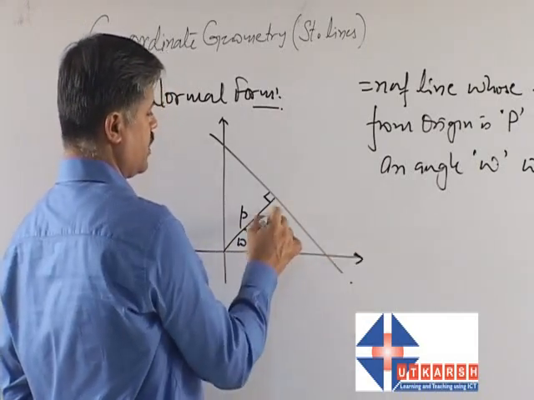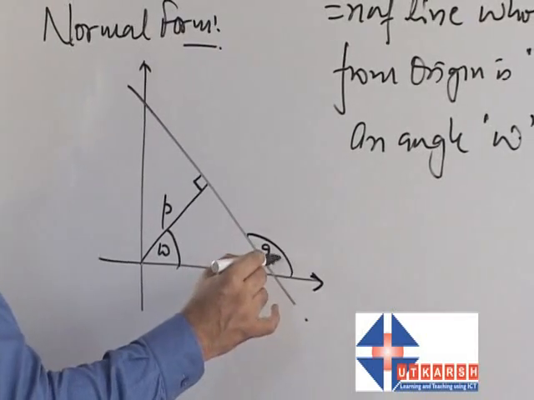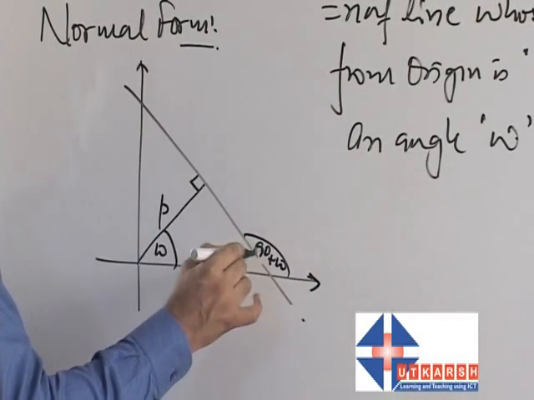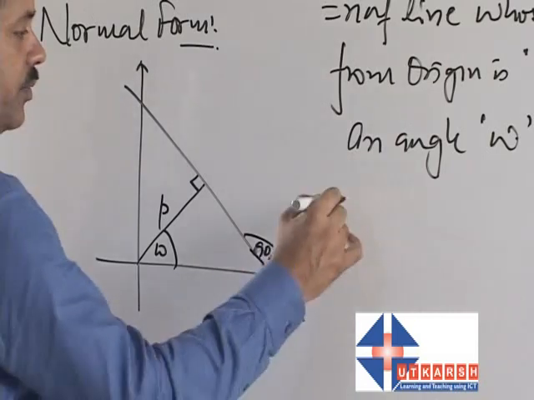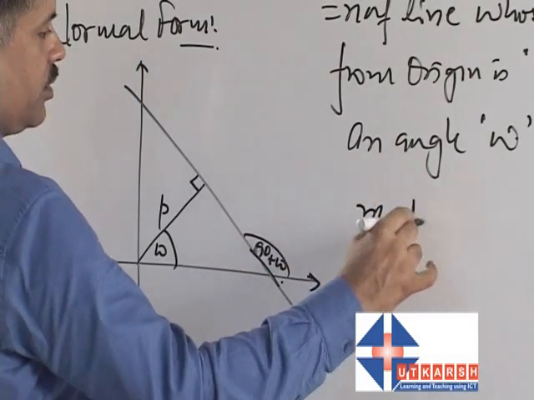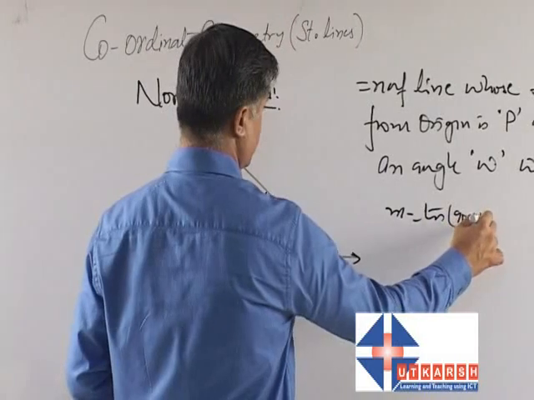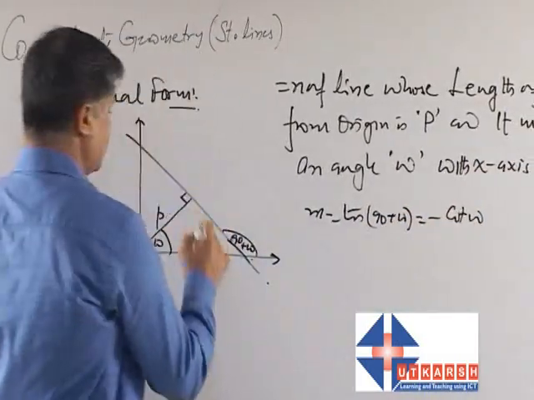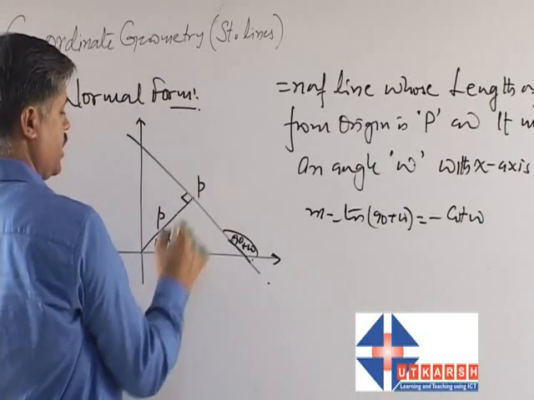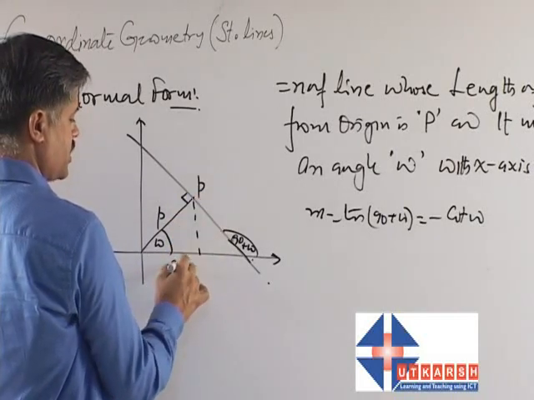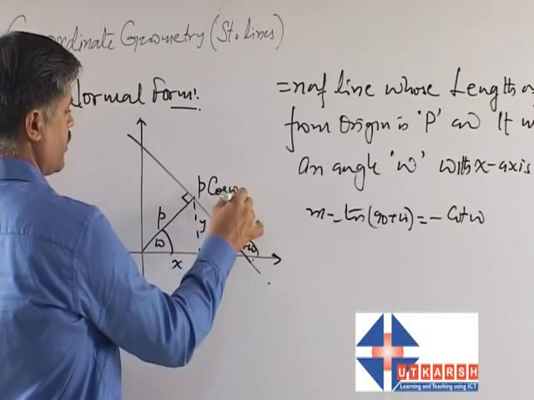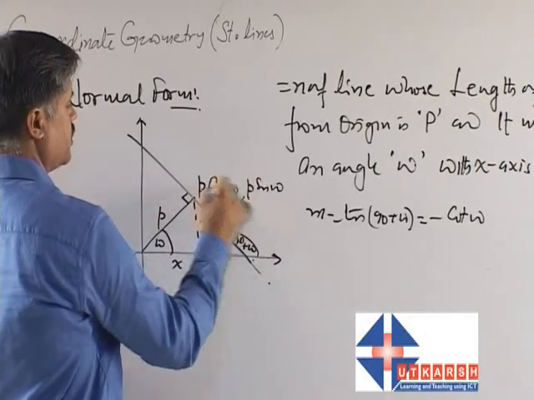This angle is omega, this is 90, this will be 90 plus omega, then the slope will be m is equal to tan of 90 plus omega means minus cot omega, and this point will be taken as p, this much is x, this much is y, p cos omega and p sin omega.